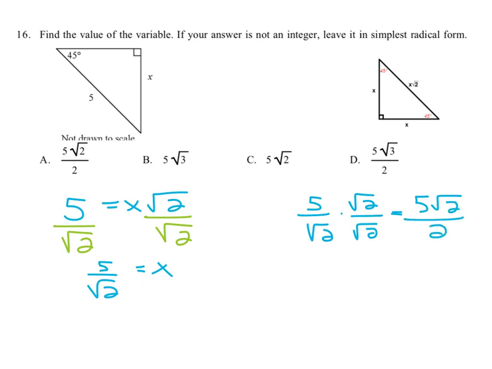Where do we see that? We see that in answer A. Okay, and this also follows a little trick that I was talking to you about, which is if you know the hypotenuse is a whole number, 5, you can take that, divide it by 2, and put a root 2 in front of it, because, of course, that will be then the leg, that x value.